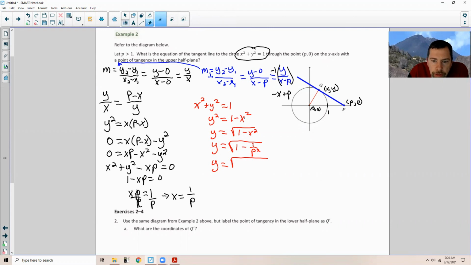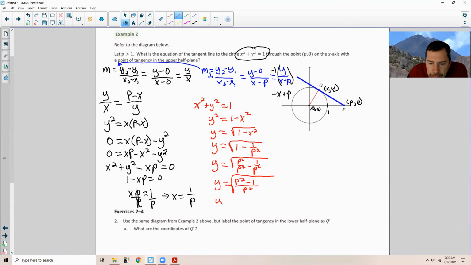We want p squared in the denominator, right? In order to add fractions, we need the common denominator. So 1 would be p squared divided by p squared. So when we do that, we get y equals, and our numerator is going to be p squared minus 1, and it's going to be divided by p squared.